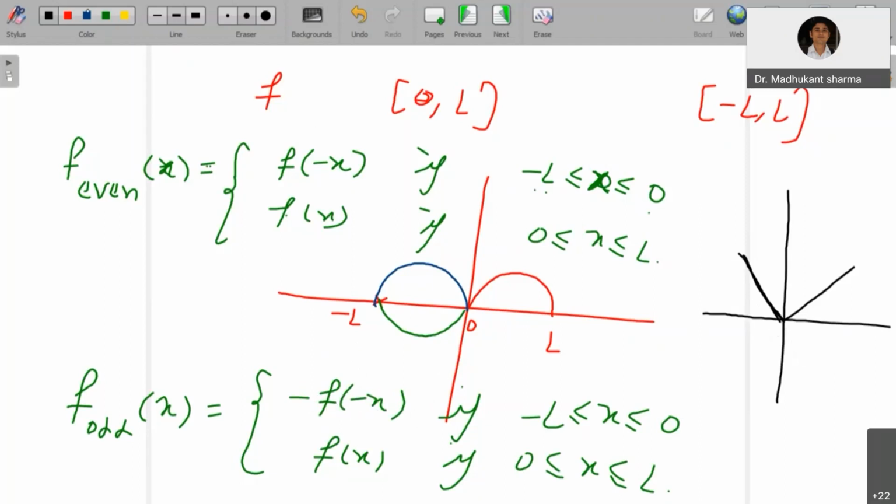So this is going to be the odd extension, and this is going to be the even extension. When you have the odd extension, you are getting the actual wave.